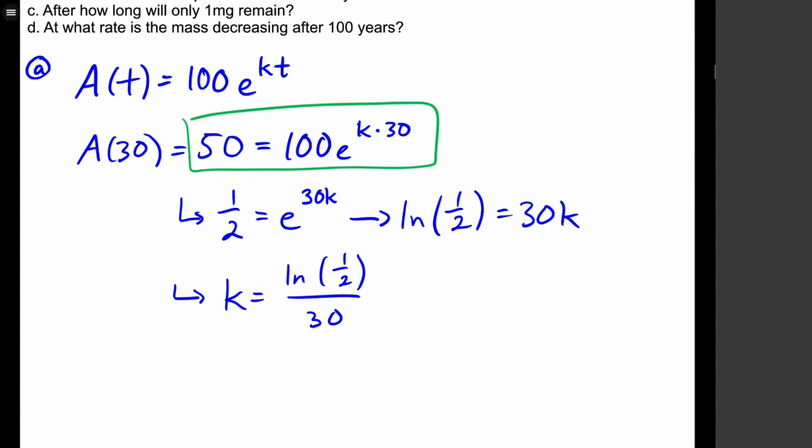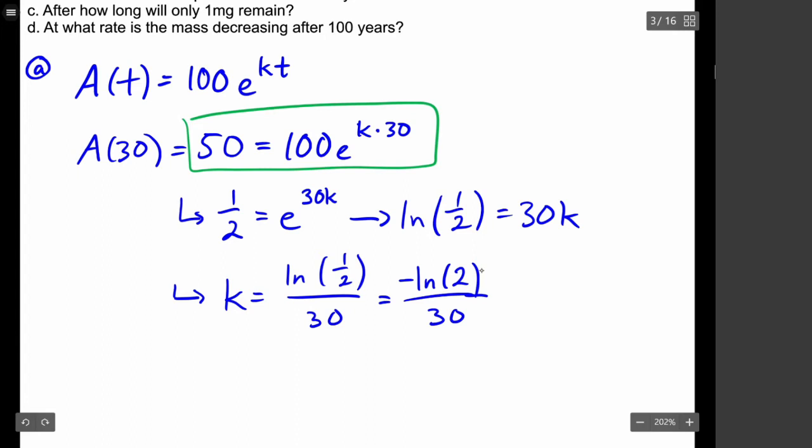Now, something you may or may not know from, say, a chemistry class or biology class is there's kind of like a log or ln 2 rule. Usually you would write this as negative ln of 2 over 30.